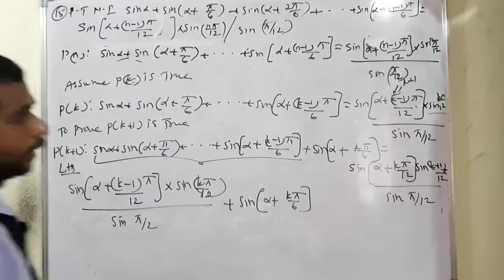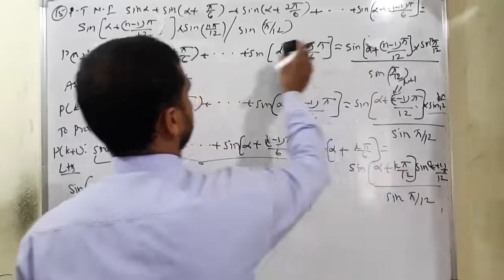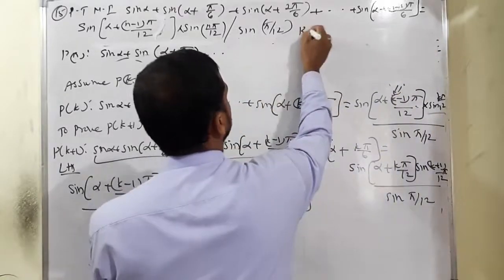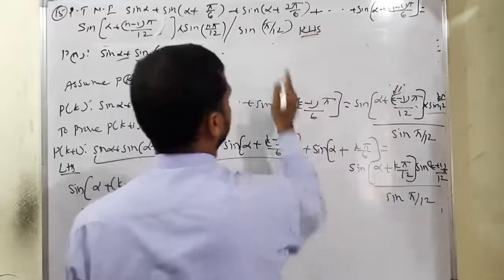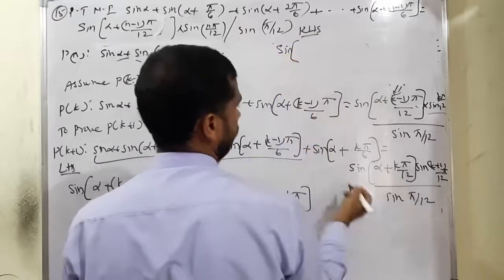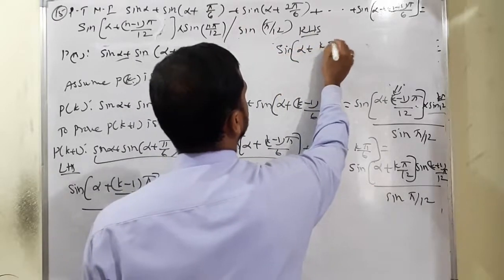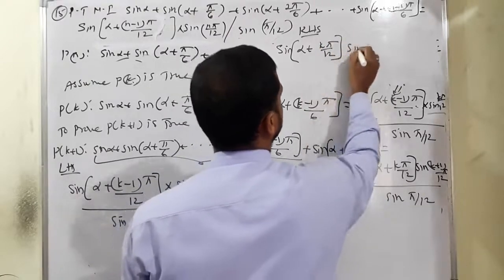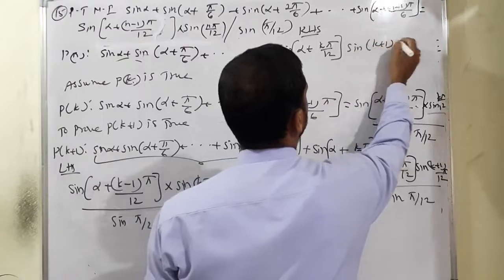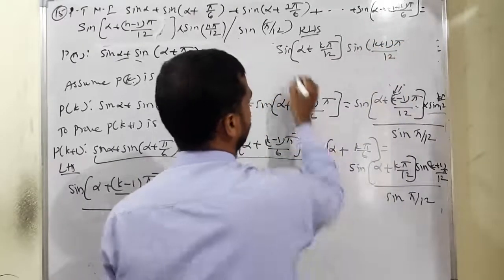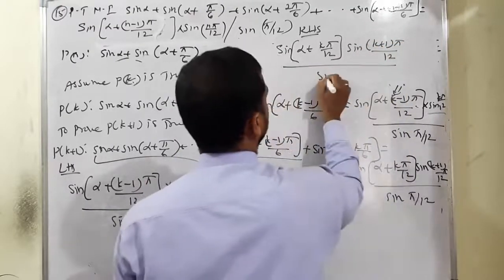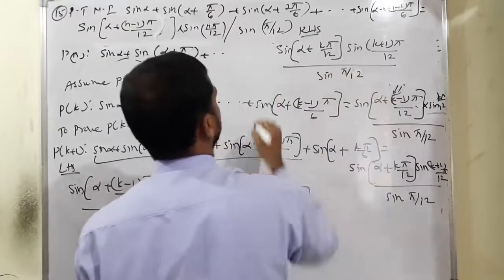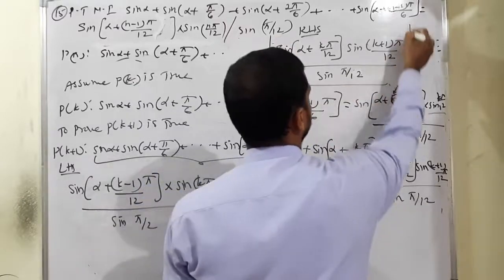So this is our RHS term, I will write it here. So the RHS, we have to show sin of alpha plus k pi by 12, then outside sin of (k plus 1) into pi by 12, the whole term divided by sin pi by 12. This is what we have to prove.